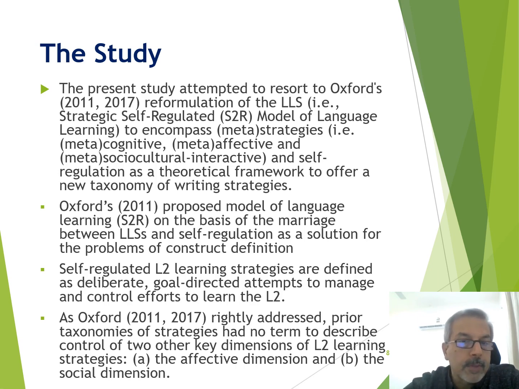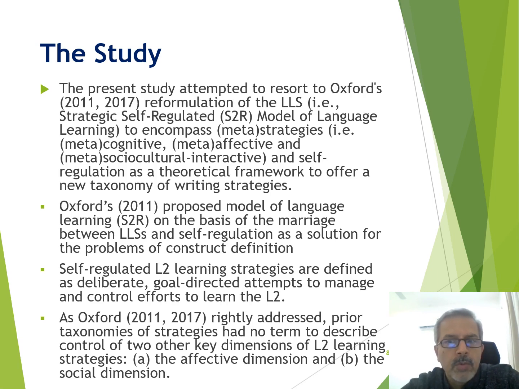So what's the difference between this model and the former models? Actually, in this model we have a kind of marriage between self-regulation and strategy. That is the basic thing. So why is it a positive point here? Because there was much criticism about the construct validity of strategy. I mean, for example, how do you operationally define a strategy?